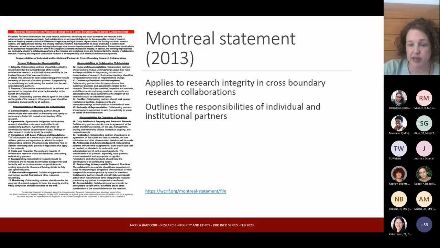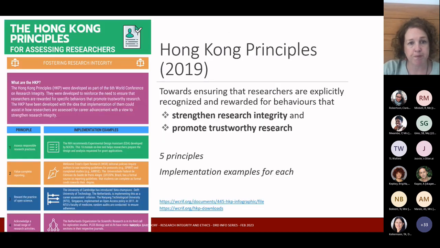The second is the Montreal Statement, which also came out of the World Conference on Research Integrity in 2013. This statement more specifically applies to research integrity and cross-boundary research collaborations. It outlines both the responsibilities of individual academics, but also the responsibilities of institutional partners. And then in 2019, out of the World Conference on Research Integrity came the Hong Kong Principles.